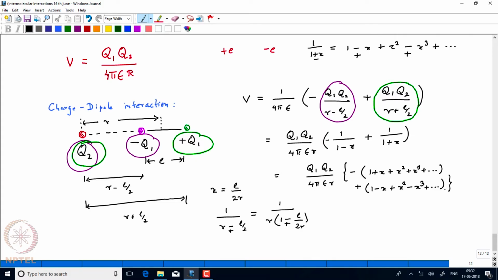So, what we see here is that we can take the leading order term, and in the leading order, this 1 will cancel the first term. The leading order term will be minus x, which is basically minus 2x. So, what we will have is a minus of x, and then plus of minus x.